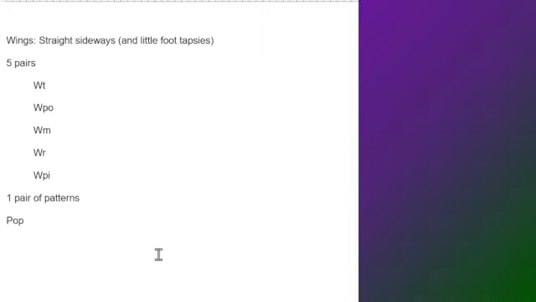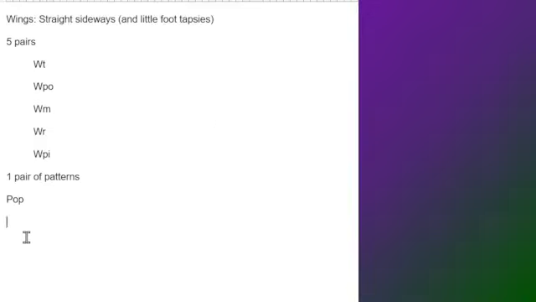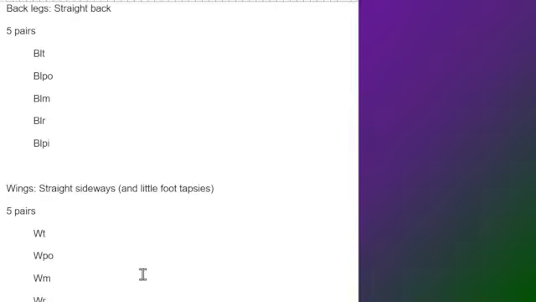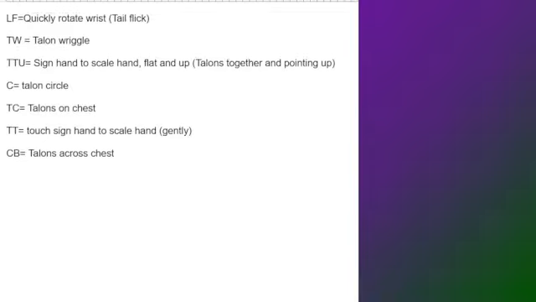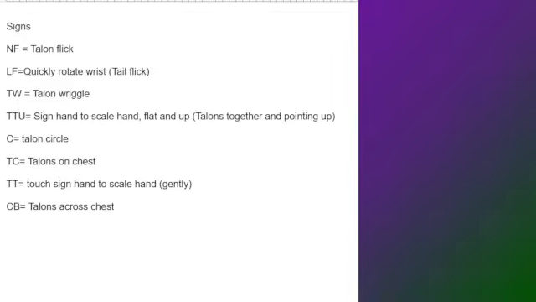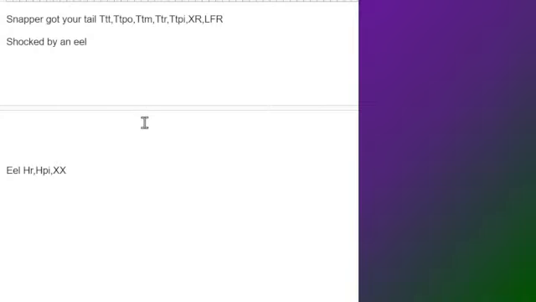So, for notation, we're going to have to add in all scales. On head. Not next to head, like on top of your head. I'm going to check my notation to make sure I don't get it wrong. Notation is useful. NF. So it would be NFR. Shocked by a needle. I forgot the actual notation for this.